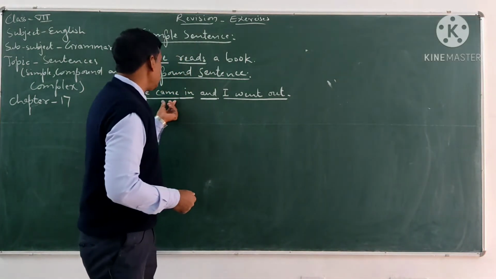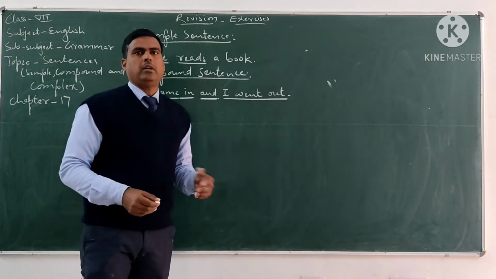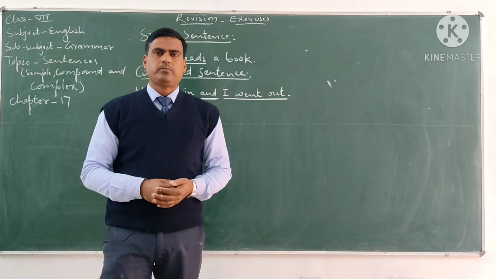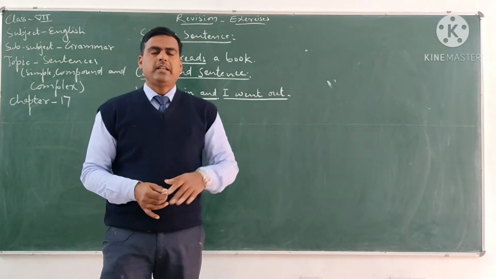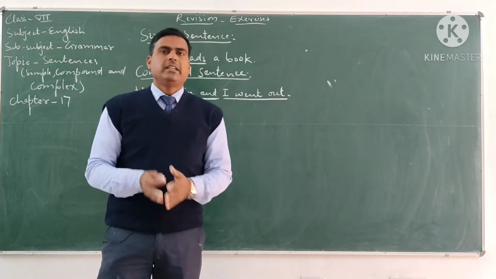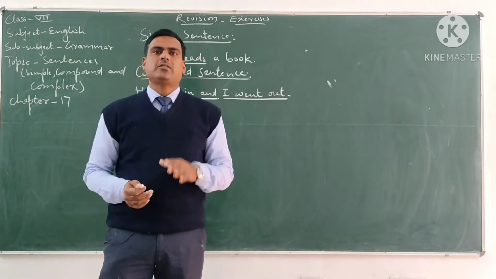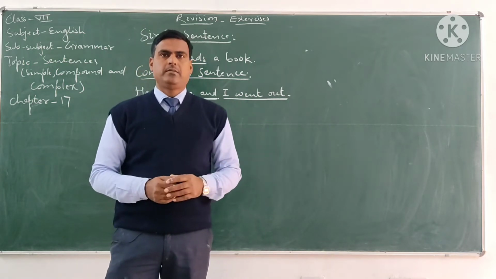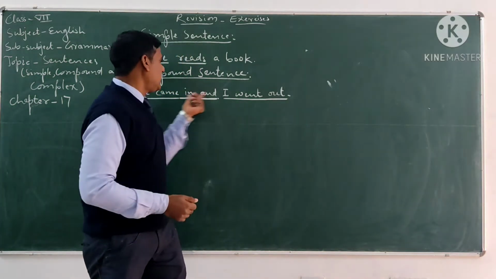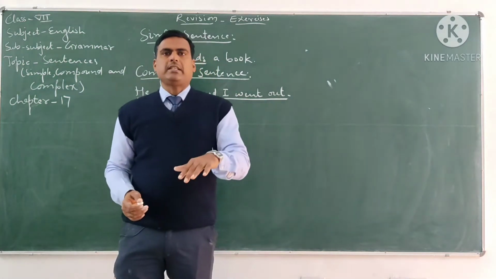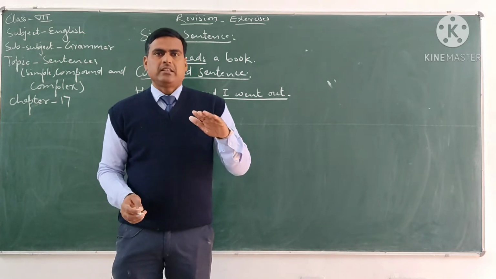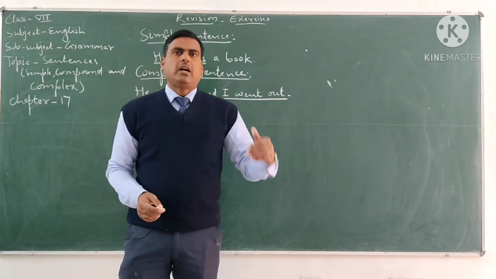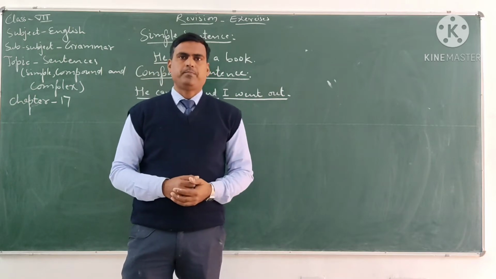So these two clauses are equal. They have equal rank. They can be used independently. That's why these clauses are also called independent clauses. So we can say that a compound sentence is a sentence which contains the clauses of equal rank or independent clauses.